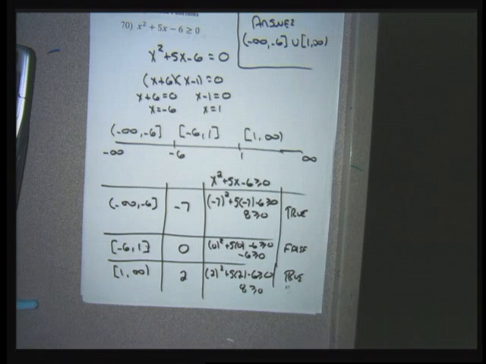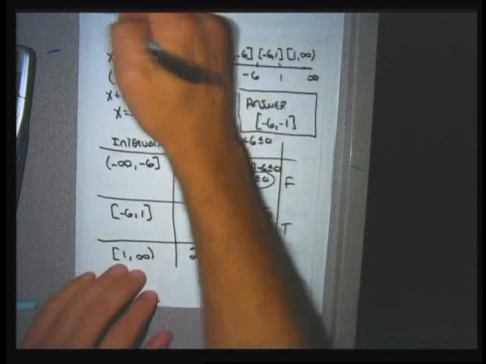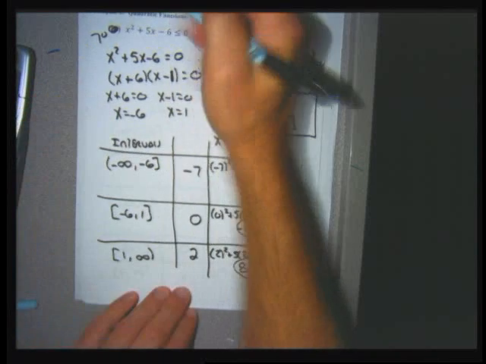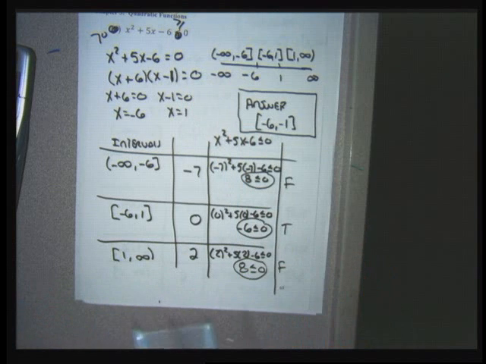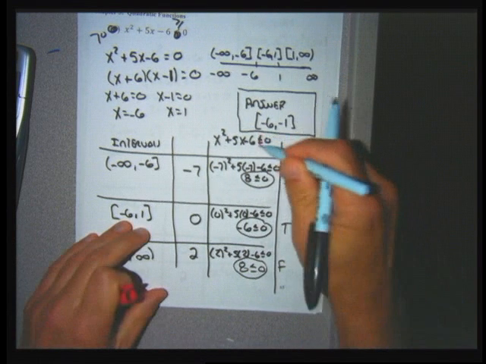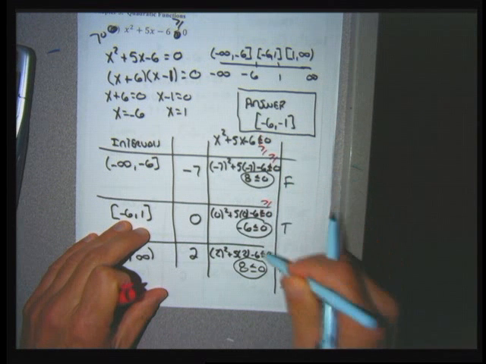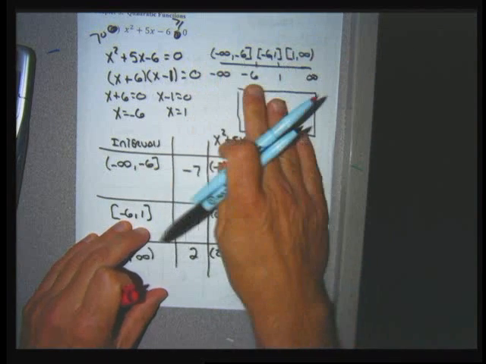And what I probably should have done is just taken problem 26, crossed out the 26, changed it to a 70, changed the less than to a greater than, which is going to change each one of these from less than or equal to's to greater than or equal to's. All the work here is the same, all the work there is the same.